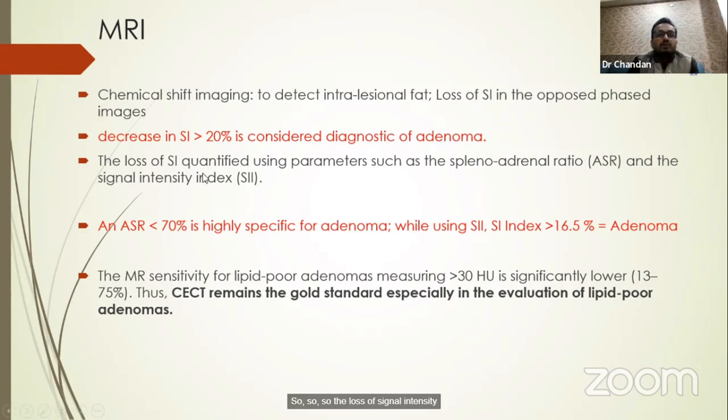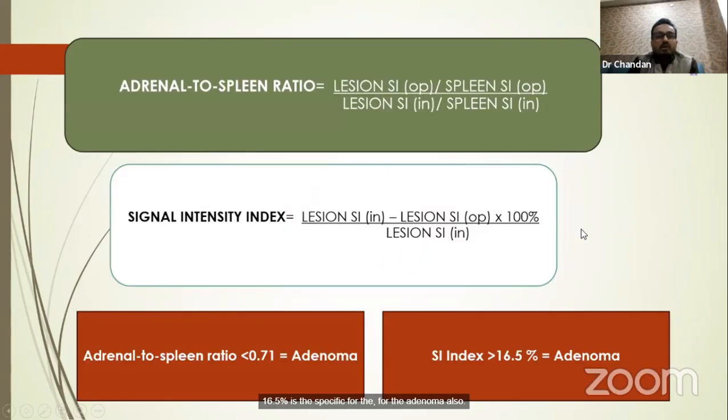The loss of signal intensity is quantified using parameters such as the spleno-adrenal ratio and the signal intensity index. An adrenal-to-spleen ratio less than 70% is highly specific for an adenoma, and a signal intensity index greater than 16.5% is also specific for an adenoma.